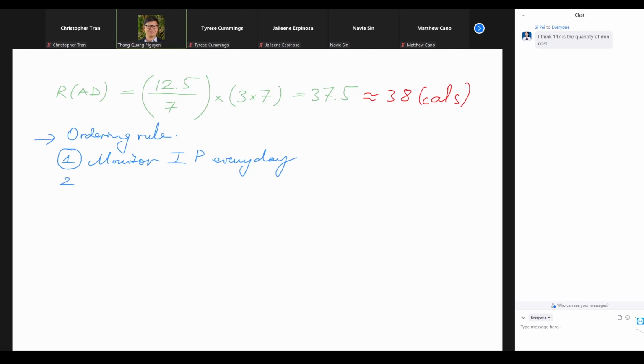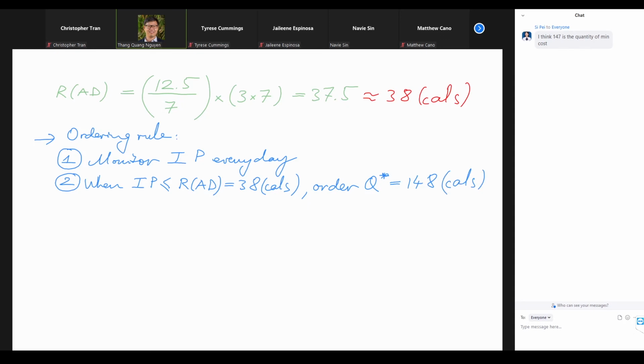And second, whenever the remaining stock falls below our reorder point without safety stock, when I say IP is smaller than or equal to, either equals or falls below the reorder point without safety stock, remember the reorder point without safety stock is 38 calculators, then we would order Q stock of 148 calculators.